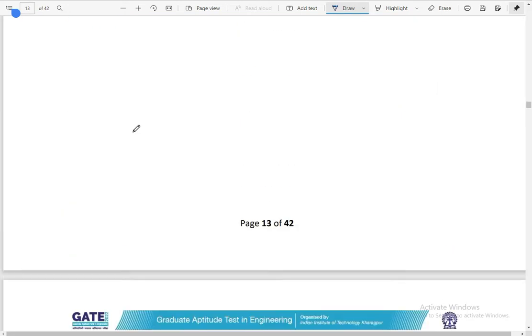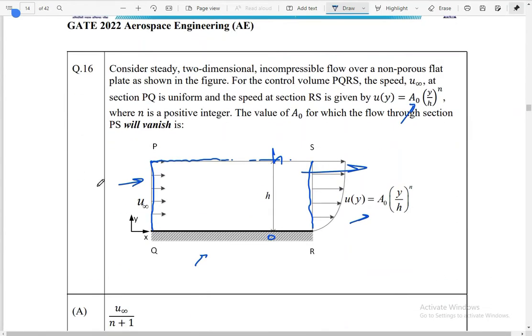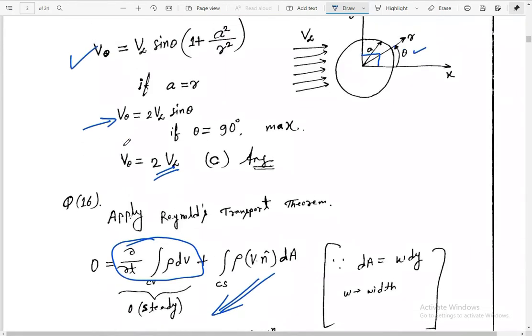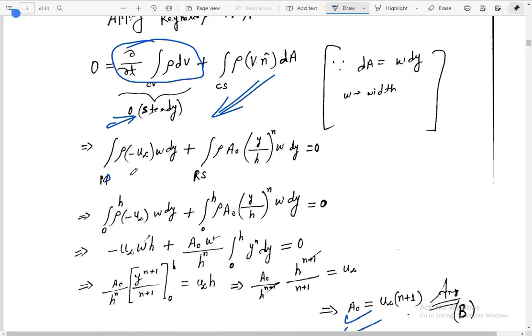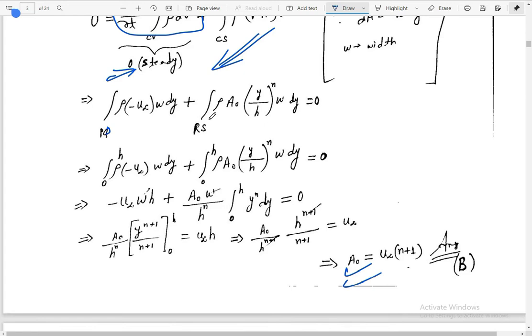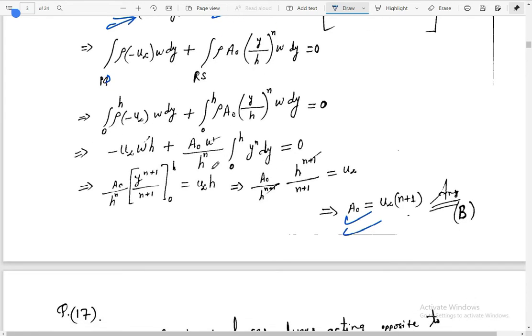I'm not going to explain what the Reynolds transport theorem is, why we need steady incompressible system, where we should mention zero value, one value, or anything else, what the integration is, how to integrate from 0 to h, and then how to solve these questions. I assume that you have the basic knowledge about this and you can understand that this is the way to solve.